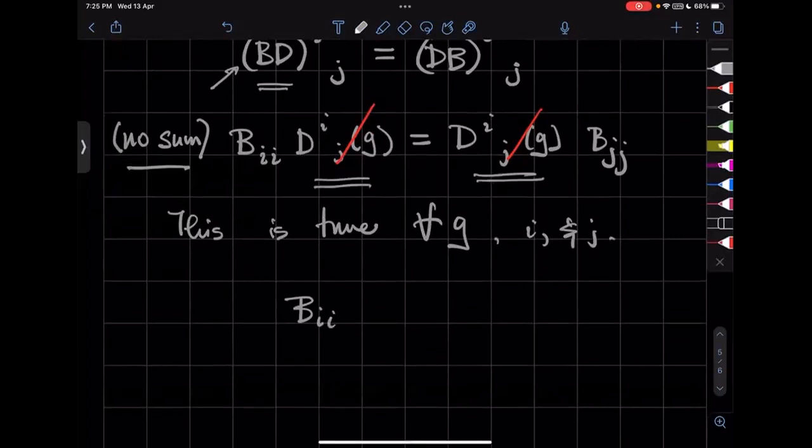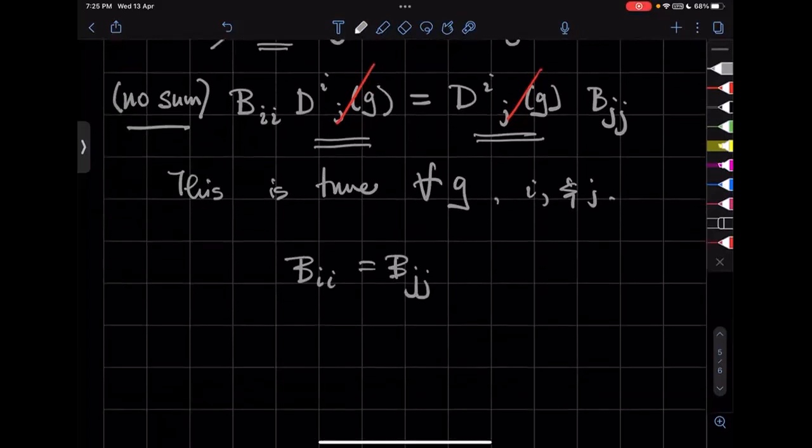If they're non-zero, then B_II is equal to B_JJ, which means that the matrix B is proportional to the diagonal matrix, because all the eigenvalues are the same, right? Because these are the eigenvalues.